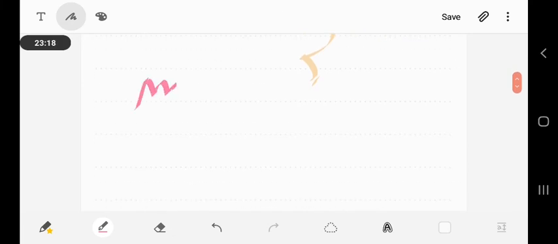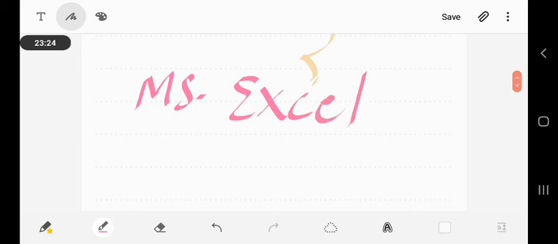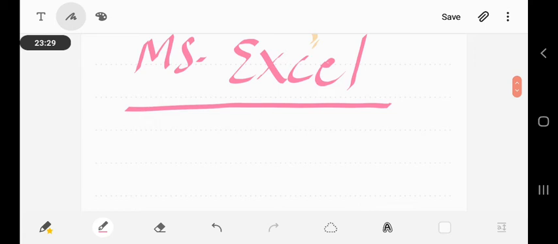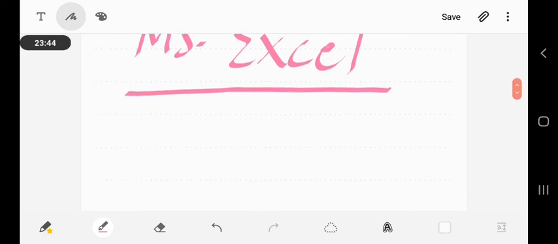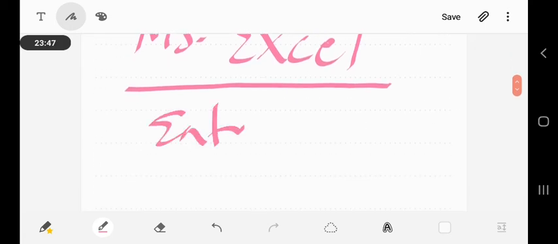We can quote the example of MS Excel, one of the software for spreadsheets. And the second one is general ledger, accounts receivable, accounts payable. So Excel is the basic software that we use to enter the data.